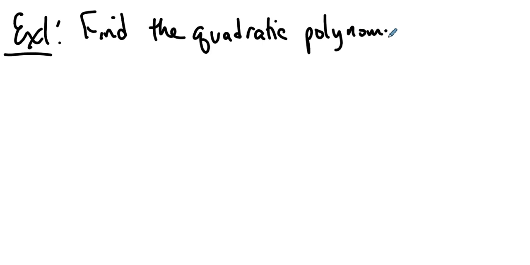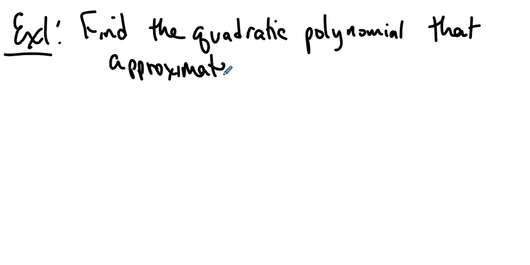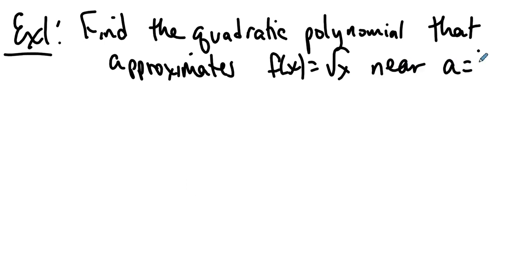Let's demonstrate. Find the quadratic polynomial that approximates f of x equals the square root of x near a equals 4.